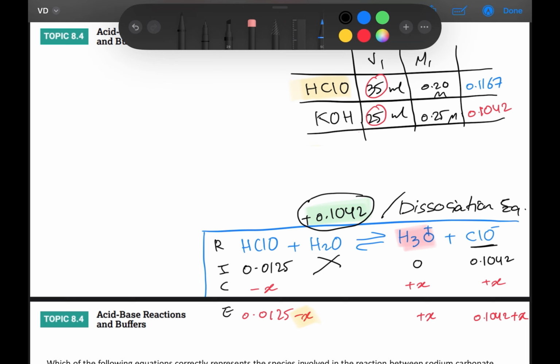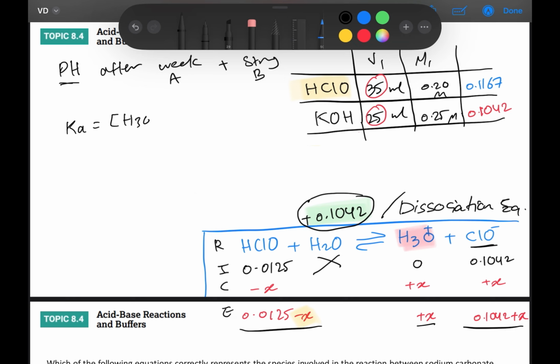What's the target of this equation? I'm going to calculate the pH after combining a weak acid with a strong base. The Ka is equal to the concentration of H3O plus multiplied by the concentration of ClO negative, divided by the concentration of HClO.